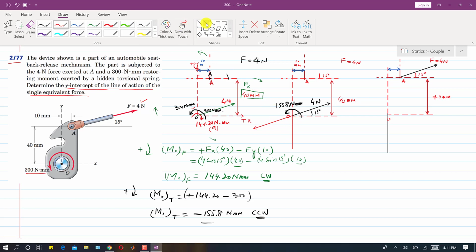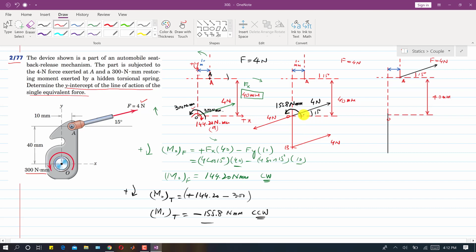So let me draw another force of equal magnitude somewhere here. Let's suppose this intersection point is B. So this is 4 Newton, this is also 4 Newton, and this is also 4 Newton, right? Since this is a counterclockwise moment, and both of these forces are in opposite directions, they will produce a counterclockwise couple, right?